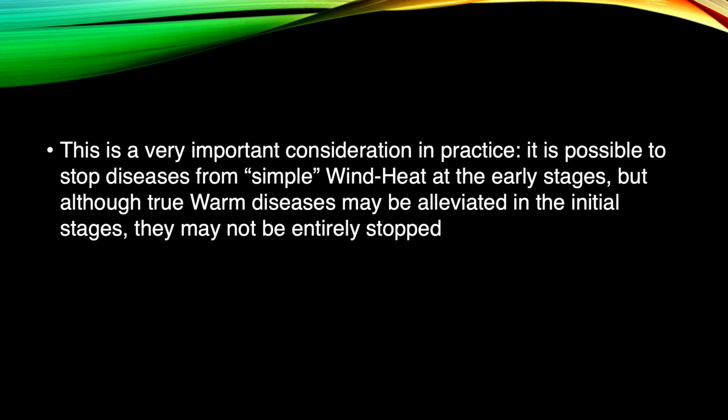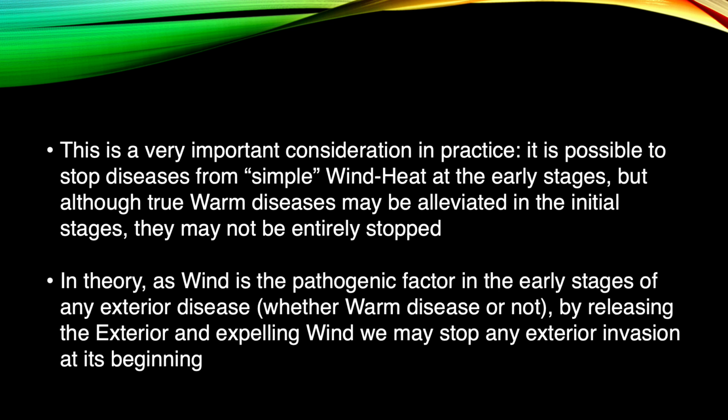It is possible to stop diseases from simple wind heat at the early stages. But although true warm diseases may be alleviated in the initial stages, they may not be entirely stopped. In theory, as wind is the pathogenic factor in the early stages of any exterior disease, whether warm disease or not, by releasing the exterior and expelling wind, we may stop any exterior invasion at its beginning.